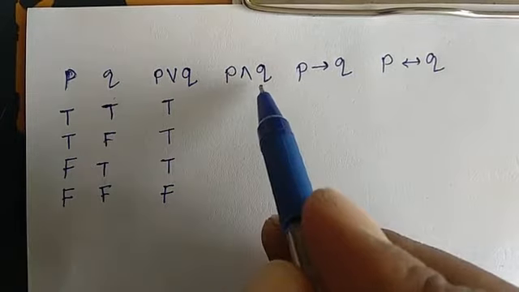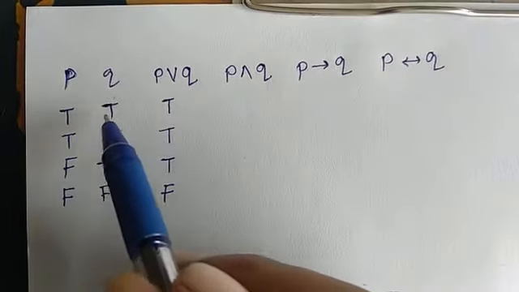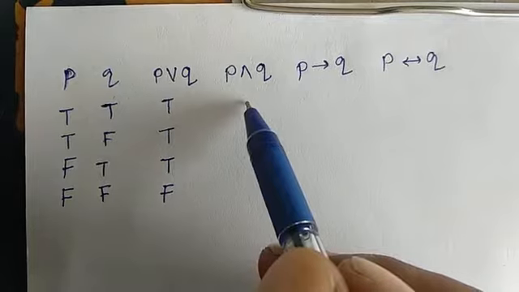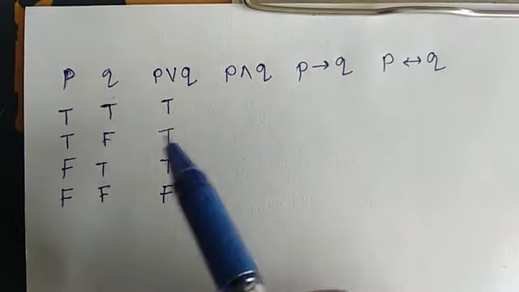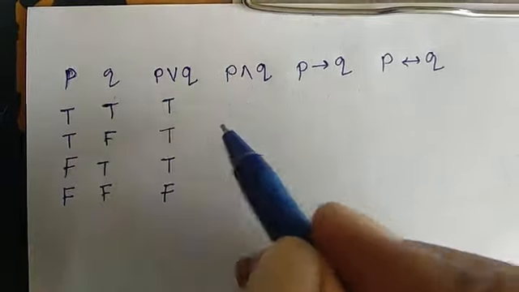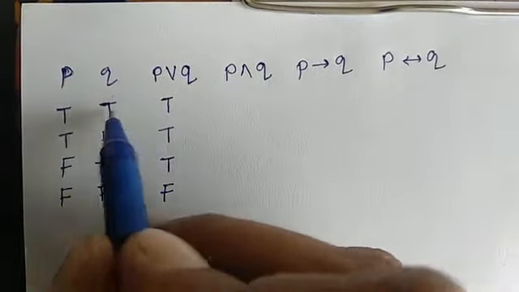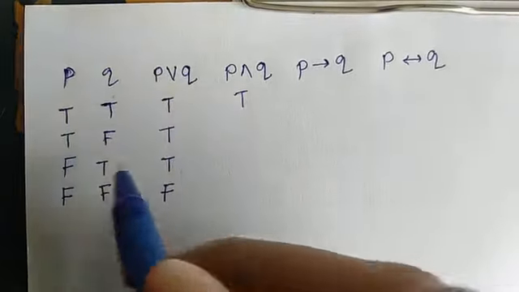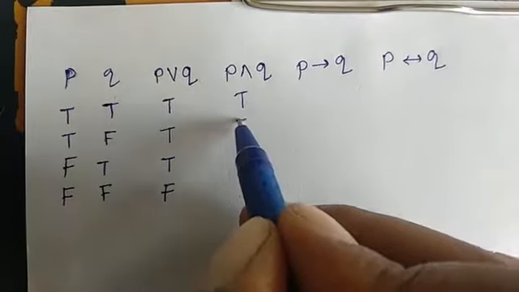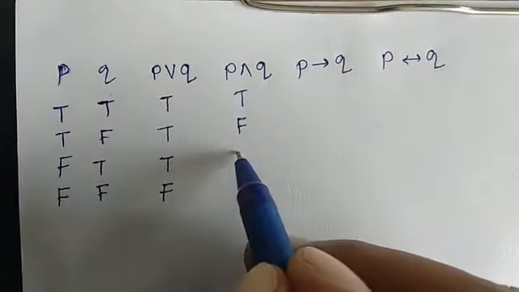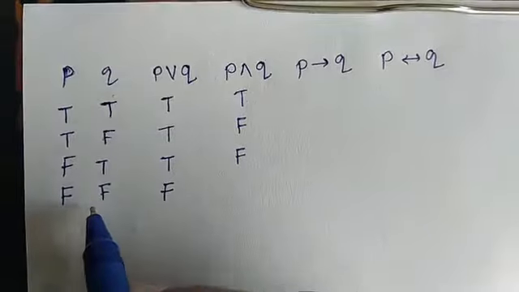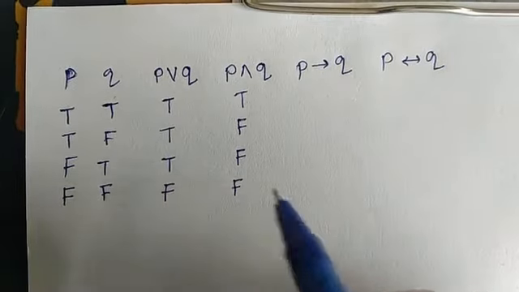false. In AND, if both are true then only it is true. If one of them is false it will be false. So in the AND case, for both true it will be true. Here one is false, so it will become a false statement. False true is false, and in the last, false false, it will be again false.